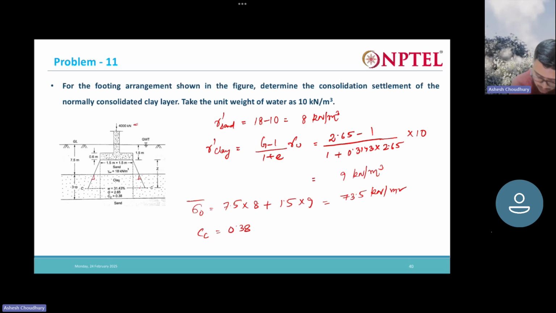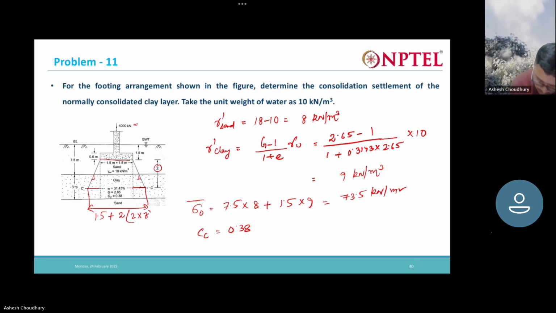So if this is 1.5 meter, if I spread it in a 1:2 ratio, what will the new width be? 1.5 plus 2 into, because there are 2 parts here, 2 into the height. What is this height?